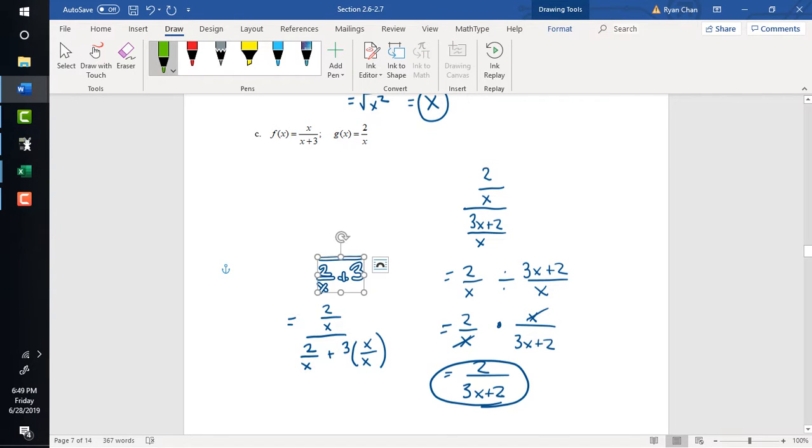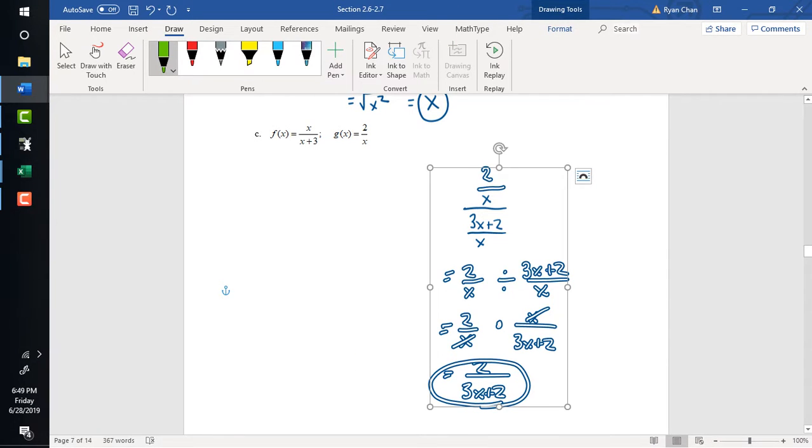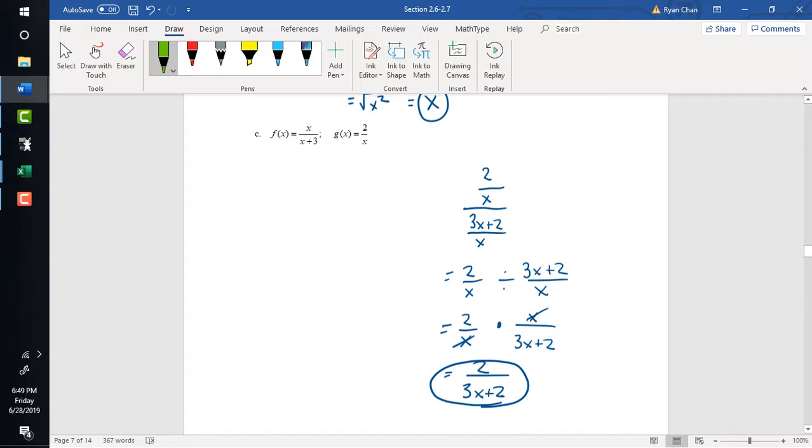You guys should have this in your notes from the last video. Let me just write this out. The composite that we did when we were solving for f of g of x was 2 over 3x plus 2.